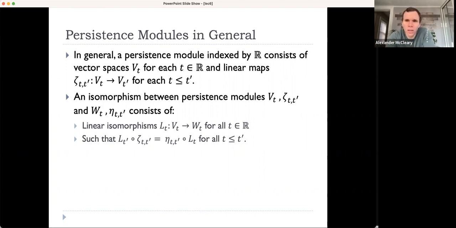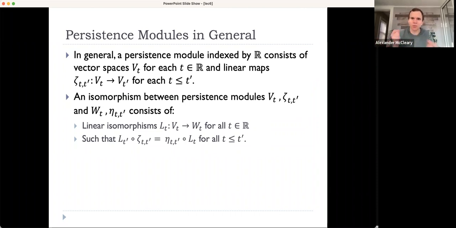But we also want these isomorphisms to be a bit nicer than that. We want them to have some more structure, because our persistence modules have more structure. The first condition, that we have linear isomorphisms, would be a perfectly good condition if all we had was a sequence of vector spaces, but we have more than just a sequence of vector spaces.